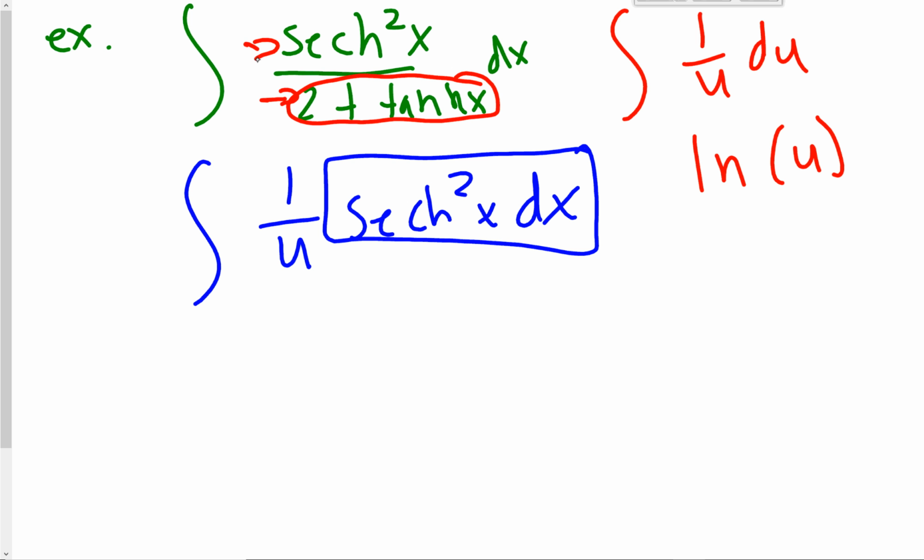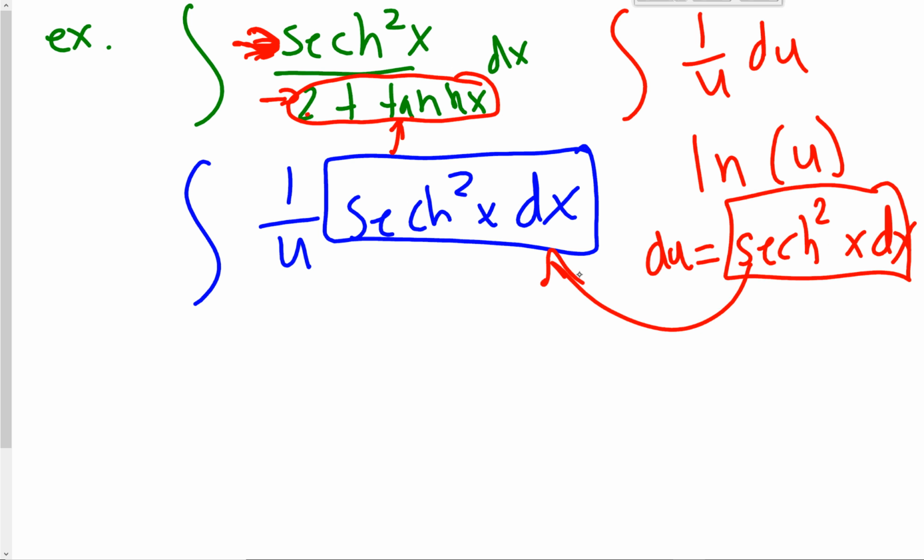And I see that the derivative of hyperbolic tangent is hyperbolic secant squared. So I have a derivative that has an answer of this top one. That's why I take u equal to the bottom. Because when I take the derivative of that, I get du: the derivative of 2 is just 0, and the derivative of hyperbolic tangent is hyperbolic secant squared of x, and then my dx, which is exactly what I need for my du.